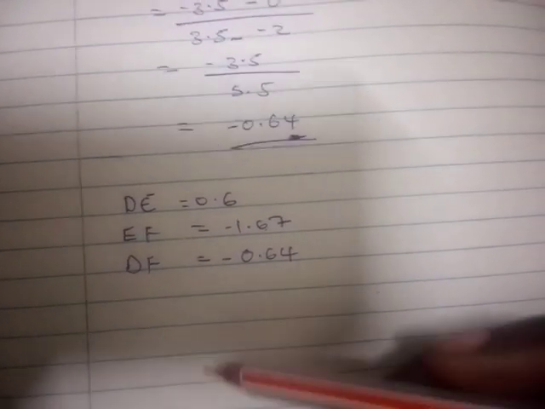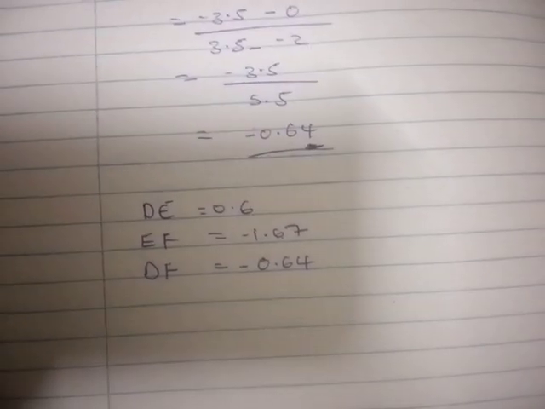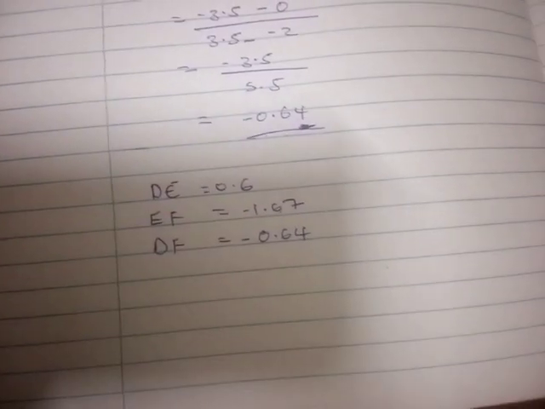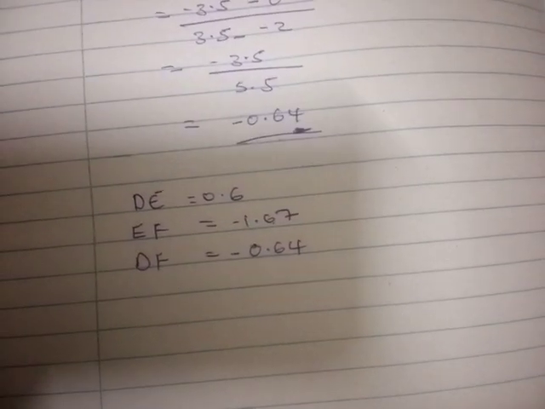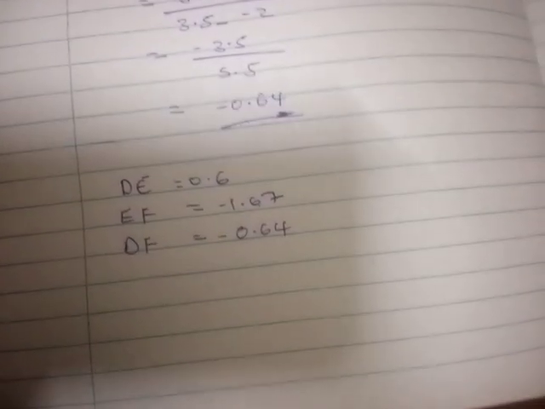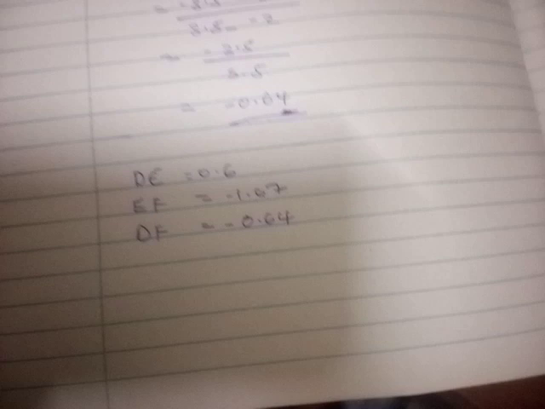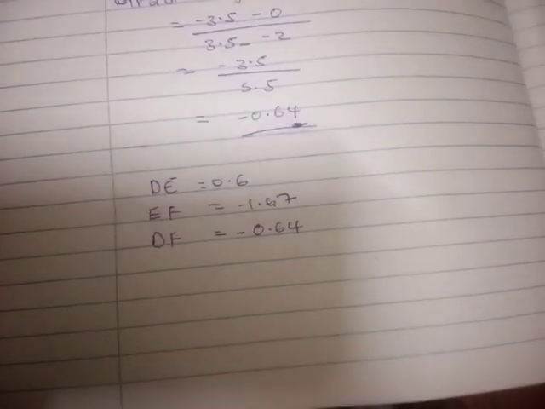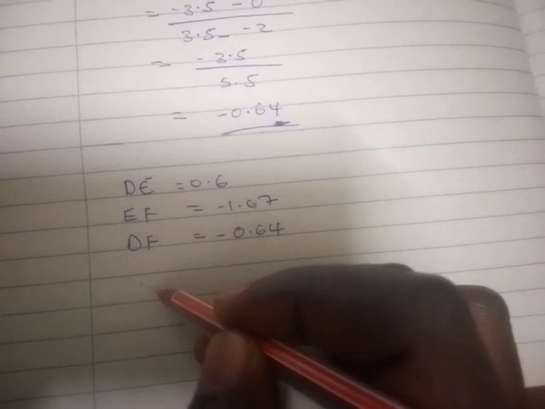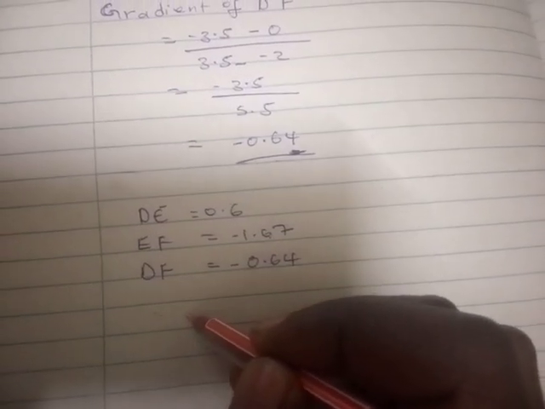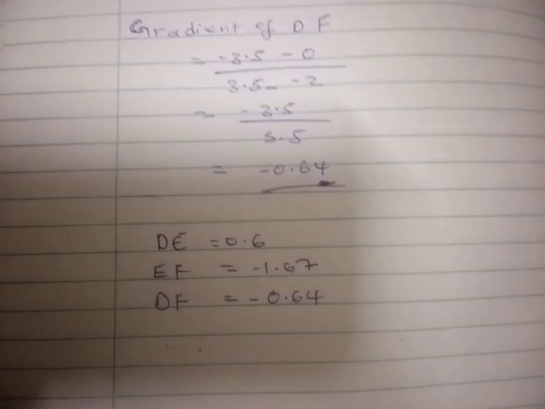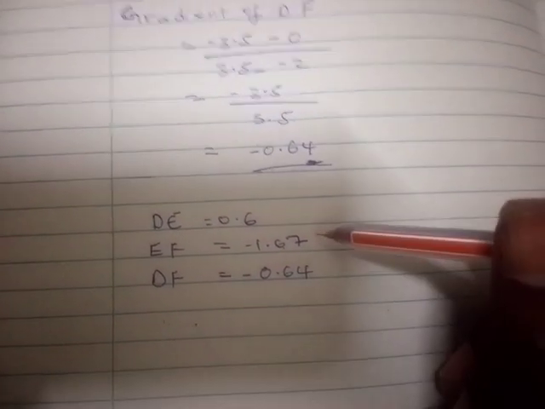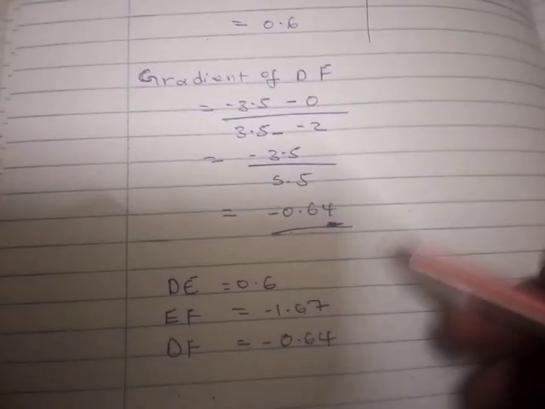Okay, so it means that these points do not form, or they are not vertices of a right angled triangle, because there is no slope that we can multiply and get the product as negative 1.